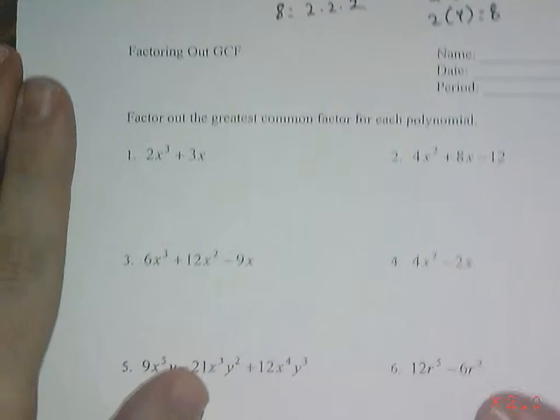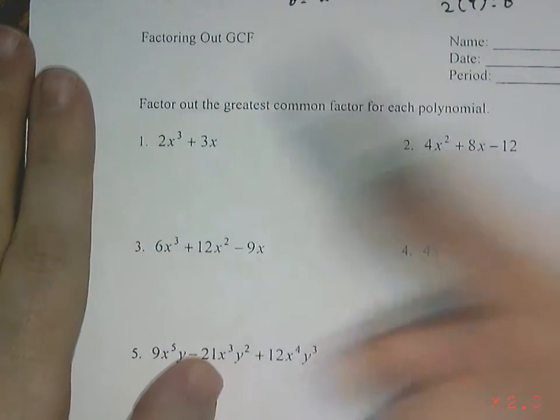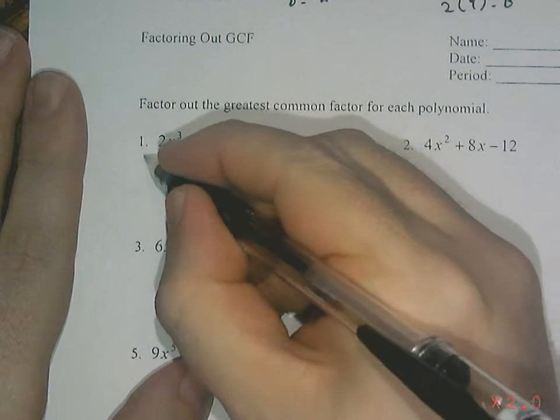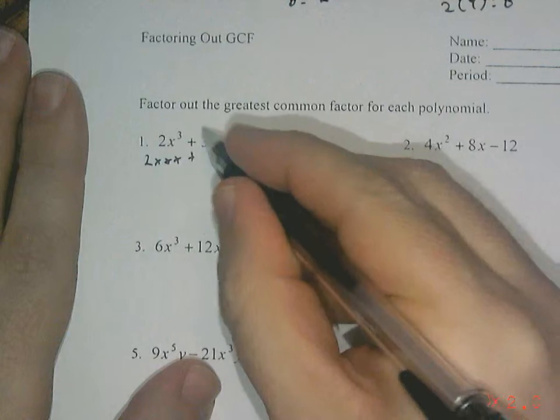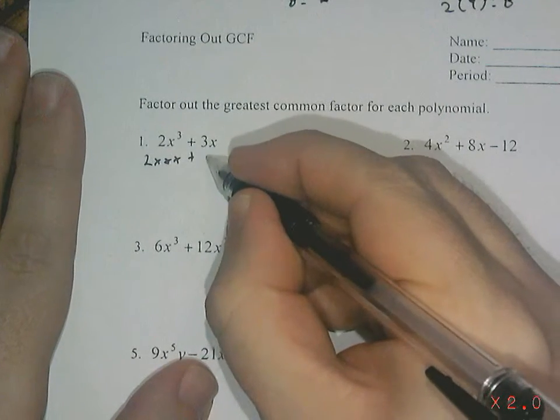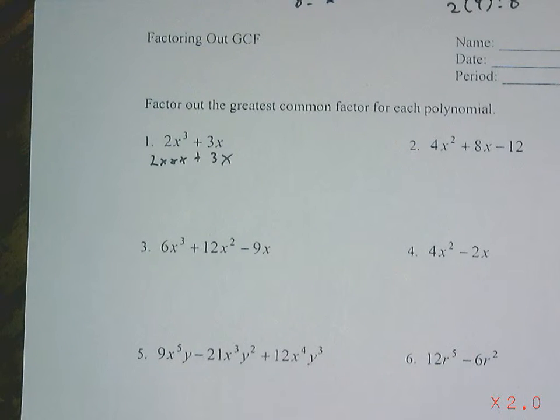So let's start by looking at a very simple one. 2 is already a prime number, right? But there's 3 x's, so let's break it down: 2 times x times x times x. Plus 3 is a prime number, so 3, and there's only 1 x. So what I'm looking for is a common factor in each term.